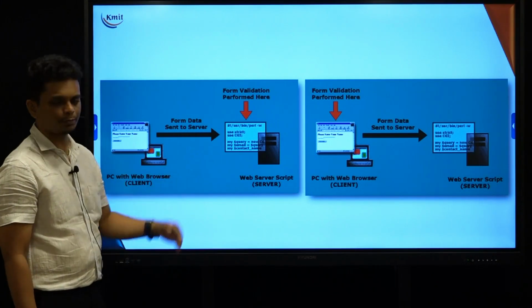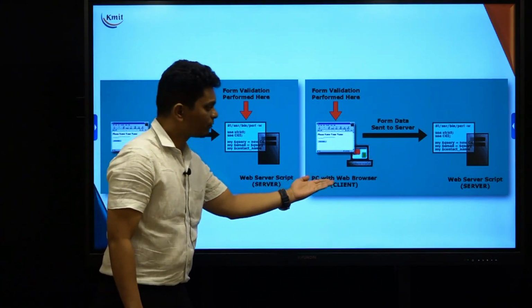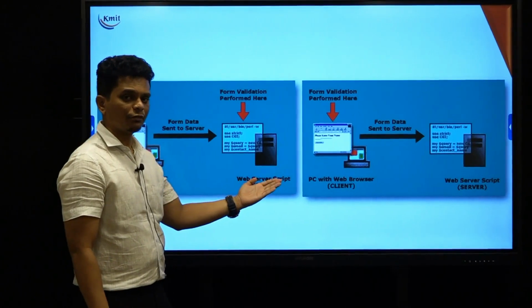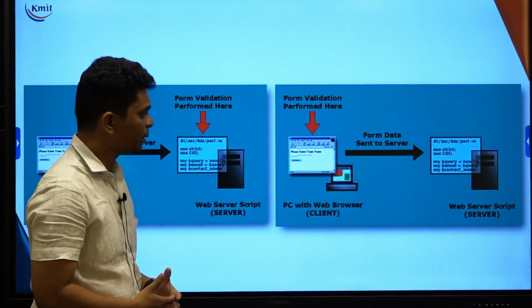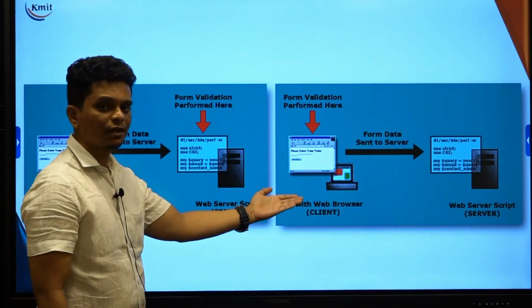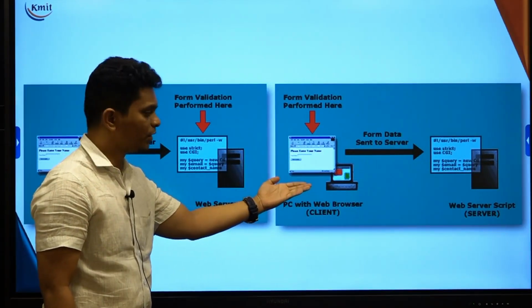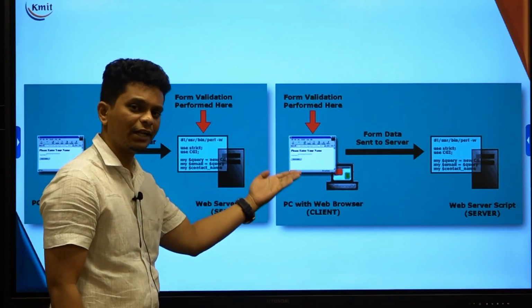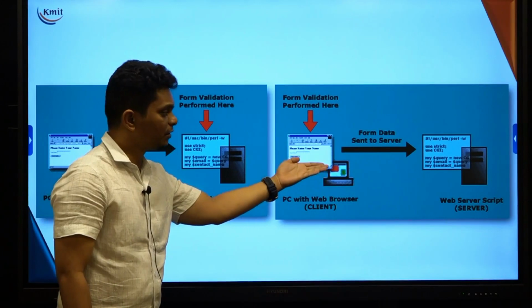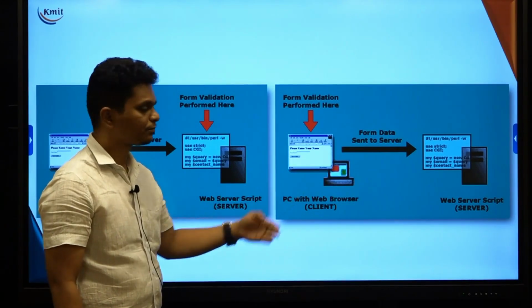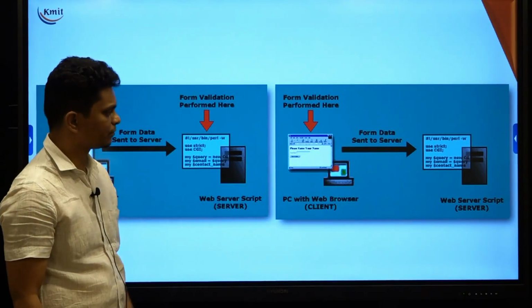In order to fix this problem, they came up with a client-side scripting language, which is JavaScript. Now what JavaScript does is validate the credentials given by the user at the client side itself. So on the user machine, the form validation happens like you see here.